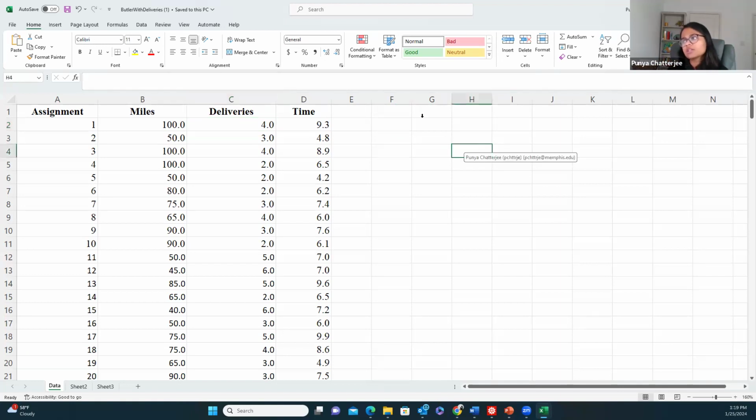All right. So for a simple regression, if there was just one dependent and one independent, we would have gone ahead and done a simple scatter plot and then gotten the equation.